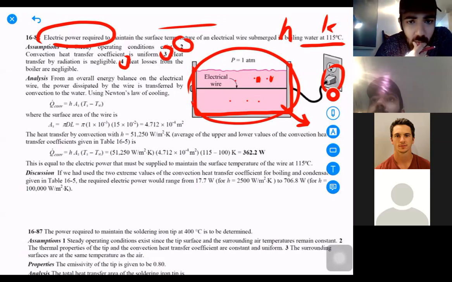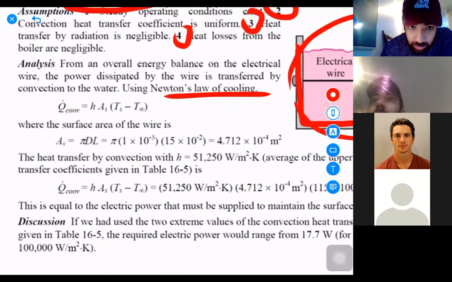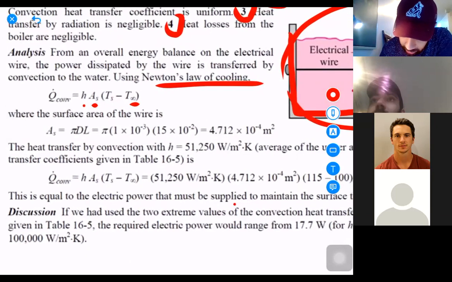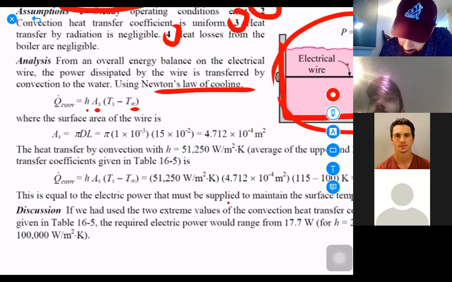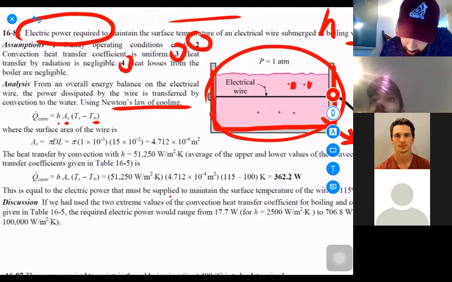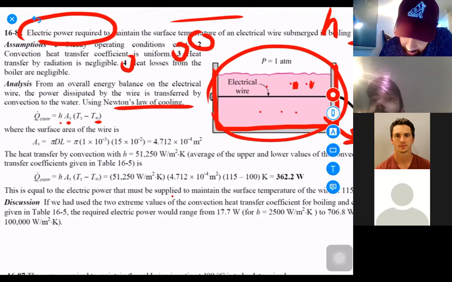So what I do here is I will use Newton's law of cooling by substituting the amounts of convection constant, which is H, surface area, and a temperature difference. So for H, I have this amount of 51,250 watts over meter squared times Kelvin.